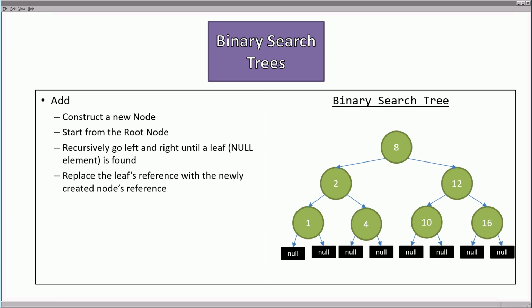This is very similar to how we added information to the generic linked list, the linked queue, and the linked stack. Once you've constructed the new node, then you start from the root node. Then you go recursively left and right until a leaf, in other words, a null element, is found. We then replace the leaf's reference with the newly created node's reference.